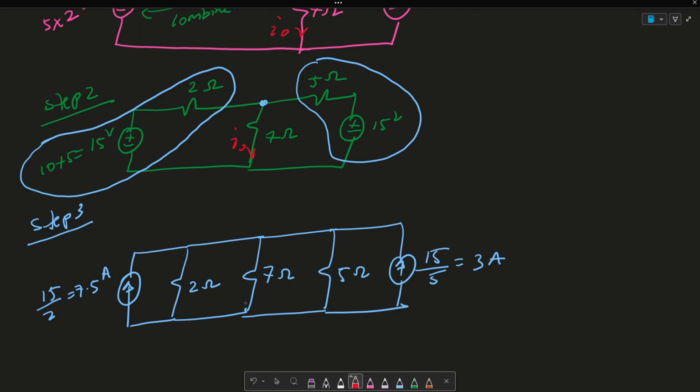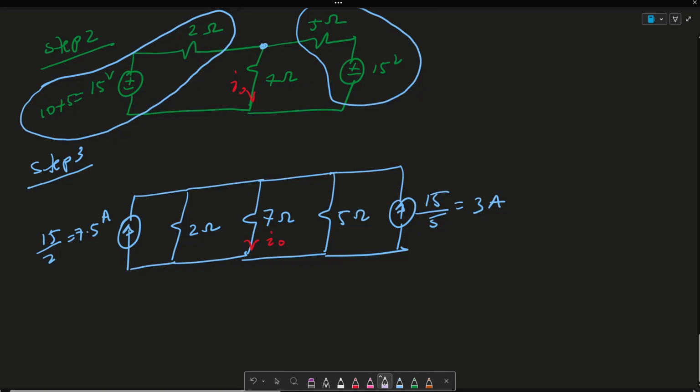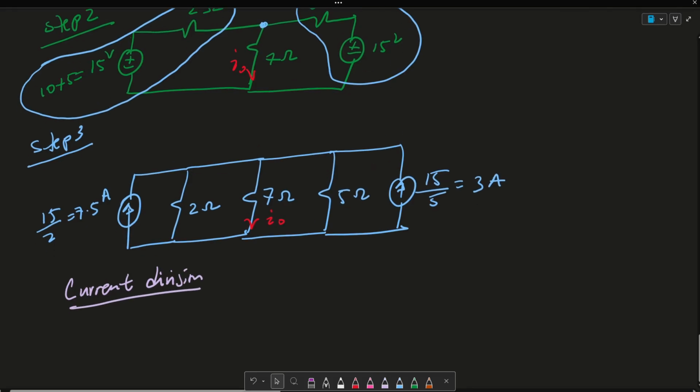All right, and I'm trying to find this IO. Okay, so this makes it very simple, right? I'm again going to use current division. And again, remember, current division says IO equals the numerator, which is the resistors that IO is not flowing through.